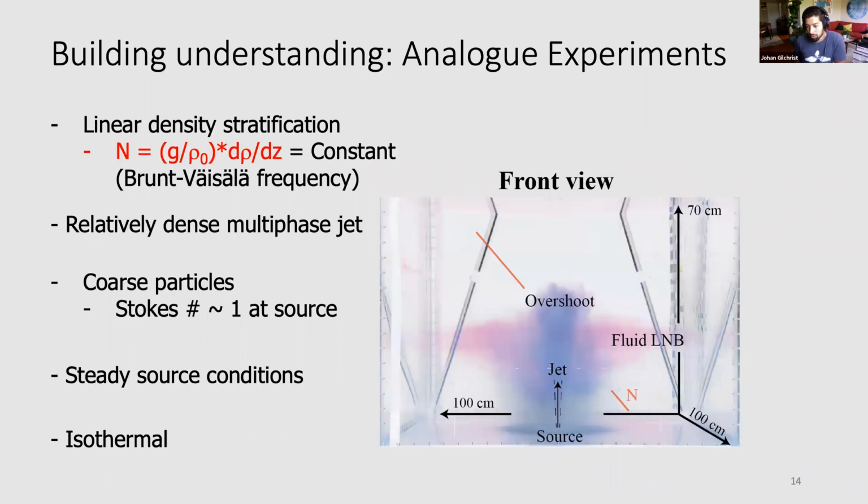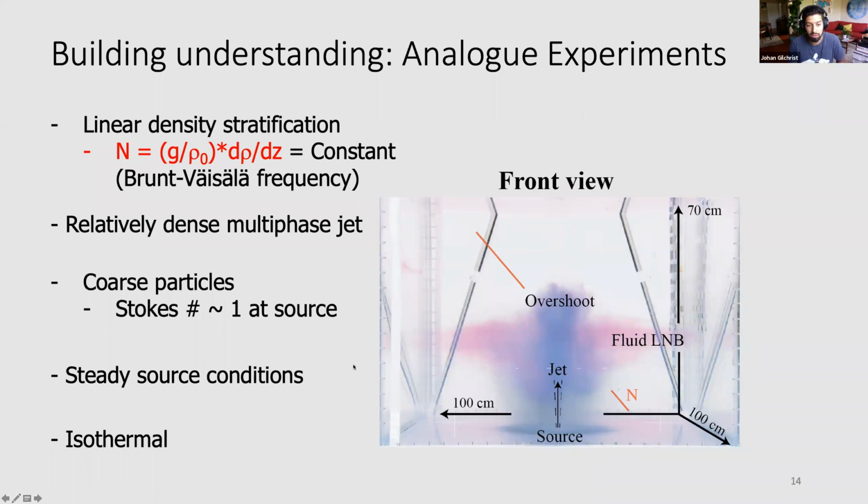So with our experiments, what we've done in the lab here at UBC, in our dungeon lab with no windows, is we fill this meter cube water tank to about 70 centimeters depth with linearly density-stratified saltwater layers. At the bottom we have relatively dense saltwater that decreases linearly to the density of fresh water at the top.